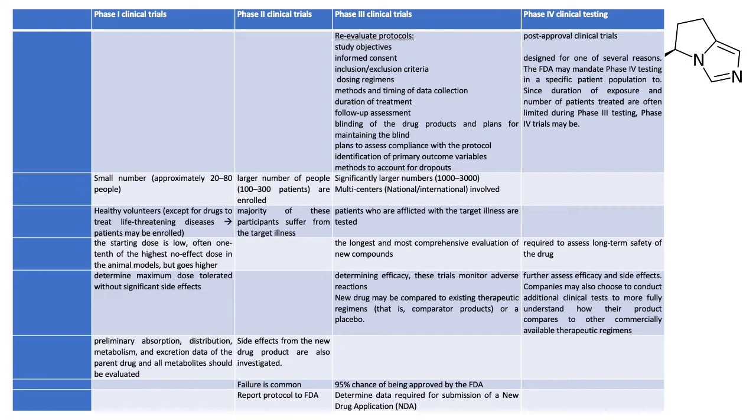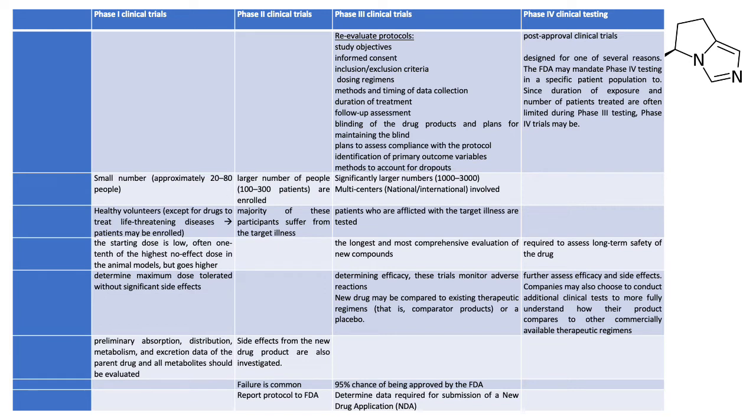In phase 3 studies, in fact, those are pre-approval studies. And before going into the phase 3 studies, sponsors or companies should review previous protocols based on study results acquired in phase 1 and phase 2 studies.